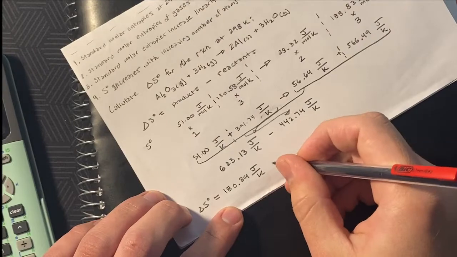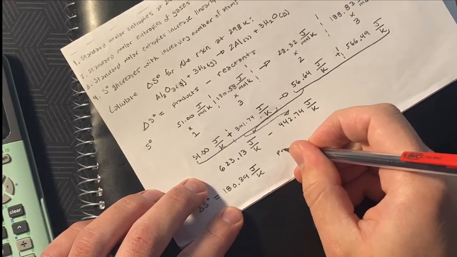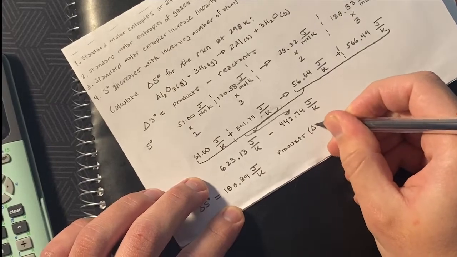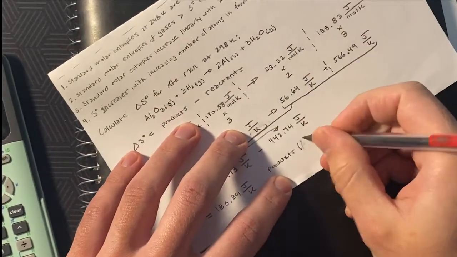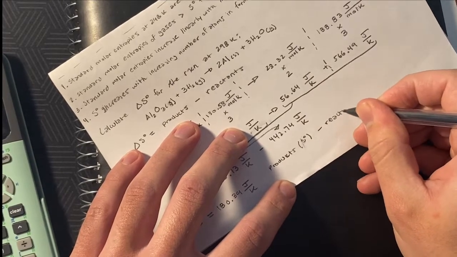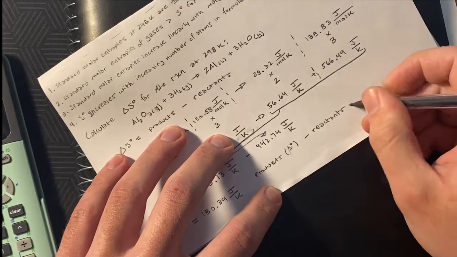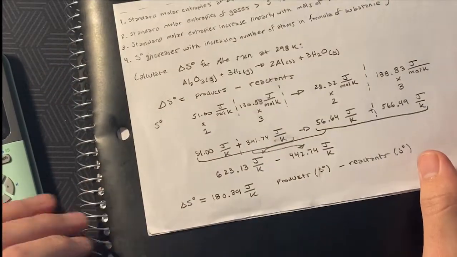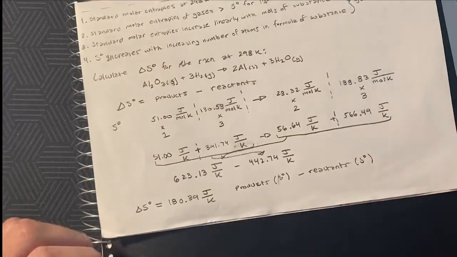So you can think of these as your products of standard entropy minus your reactants in terms of standard entropy. So that is how to solve these kinds of problems.